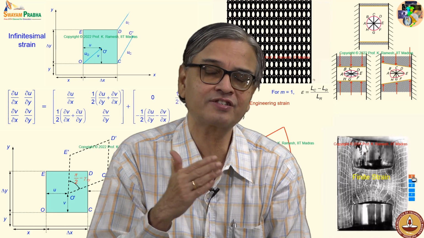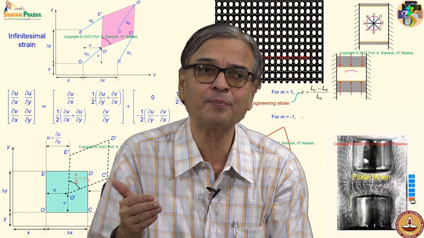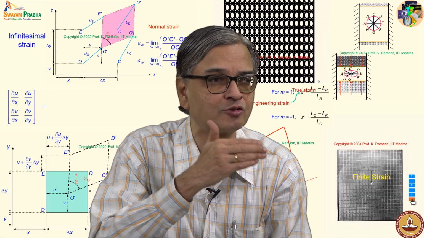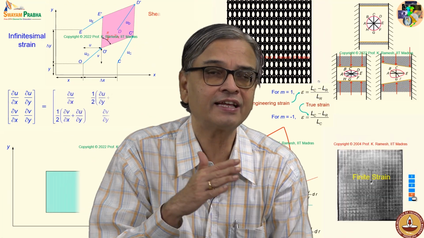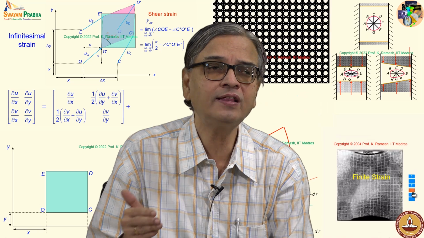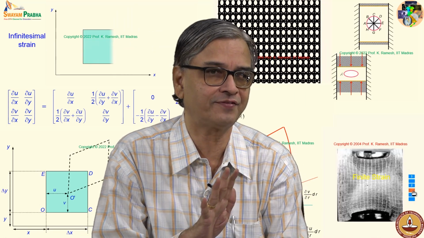In the case of stress, we looked at all the possible infinite planes passing through the point of interest. In the case of strain, all the possible directions. That is the difference.